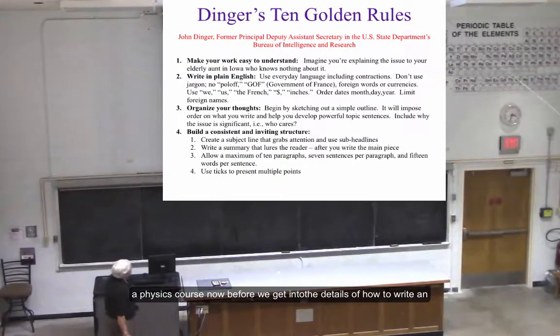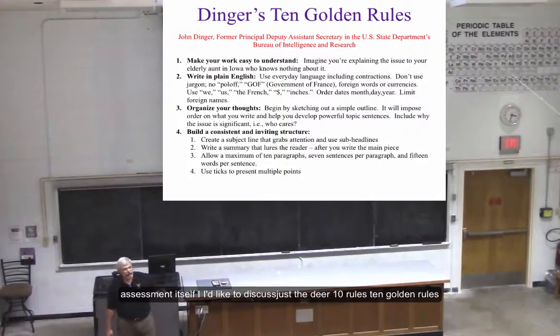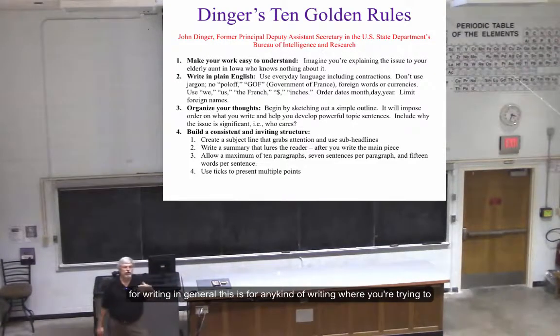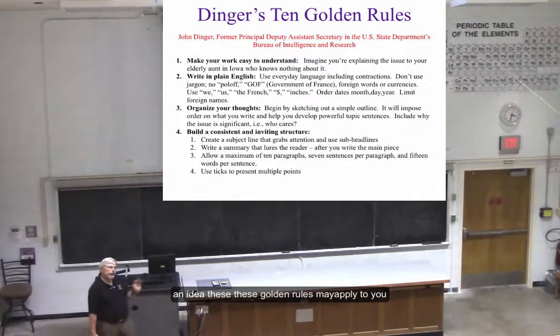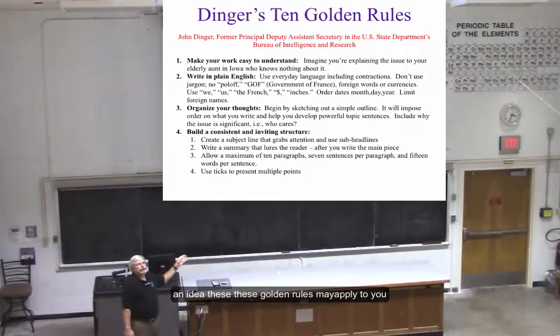Now, before we get into the details of how to write an assessment itself, I'd like to discuss just the Dinger 10 rules, 10 golden rules for writing in general. This is for any kind of writing where you're trying to communicate an idea, whether it's an assessment or an essay. If you're trying to communicate an idea, these golden rules may apply to you.